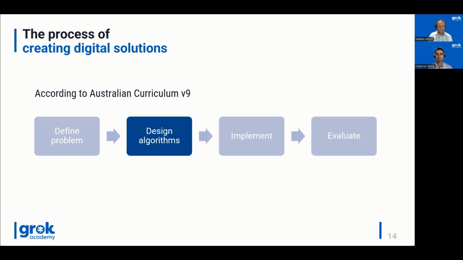And then designing the algorithms and perhaps the user interface as well is a second step in that process. Implementation is when we actually turn that algorithm into code that can be run on a digital device or on a computer. We'll be discussing implementation in the next session. And then a further step in that process is evaluating the solution.